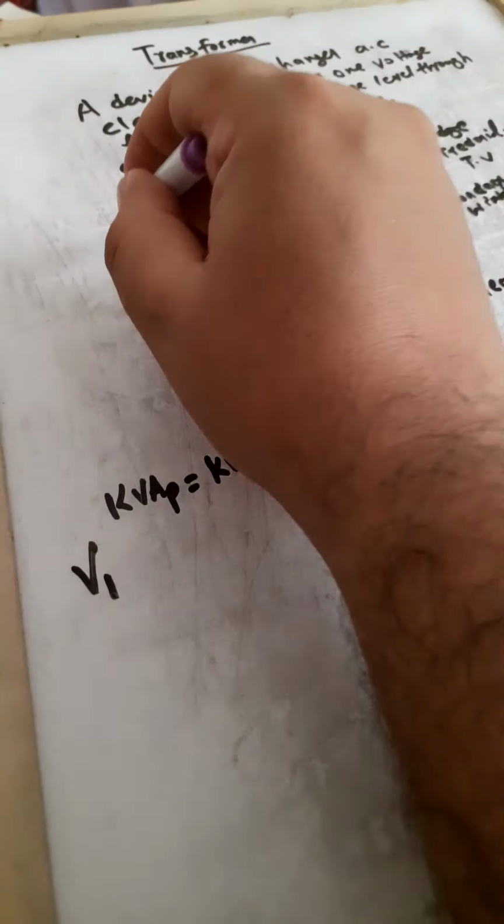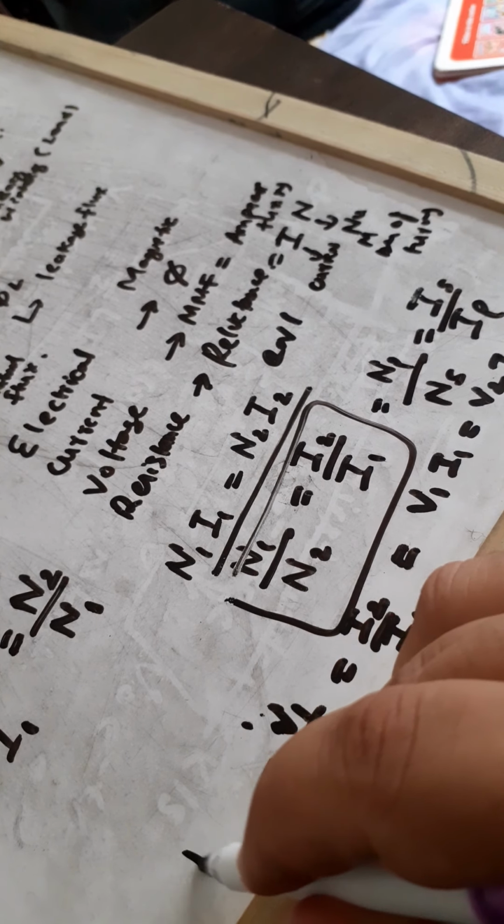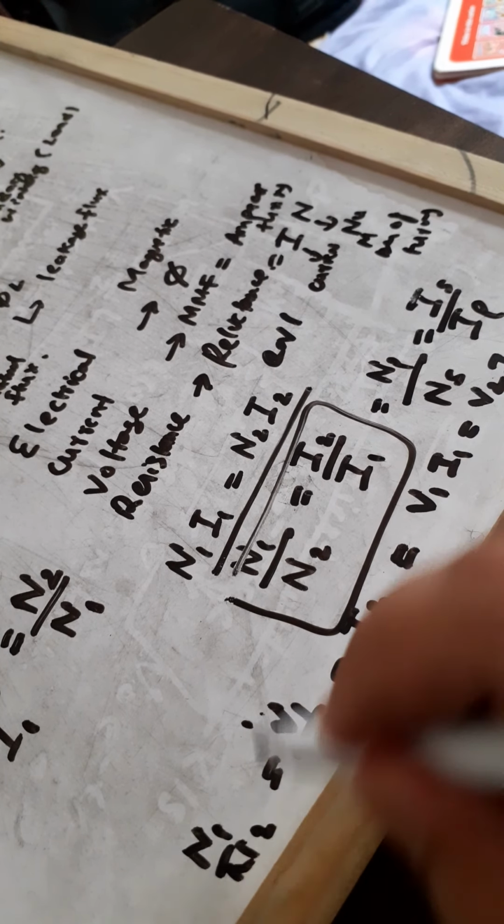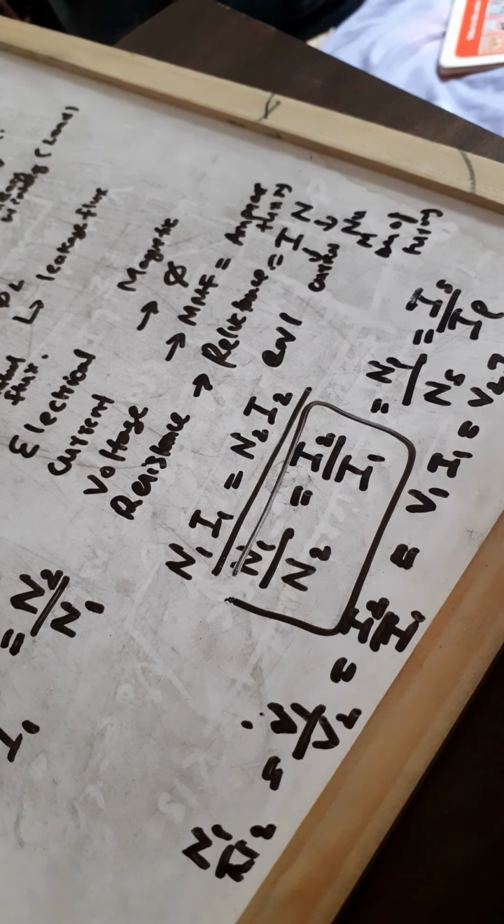Similarly we wrote that V1 by V2 is equal to I2 by I1, because the kVAs of both sides are equal, that is V1 I1 is equal to V2 I2, and this is equal to N1 by N2. This ratio in a transformer is also called the turns ratio.